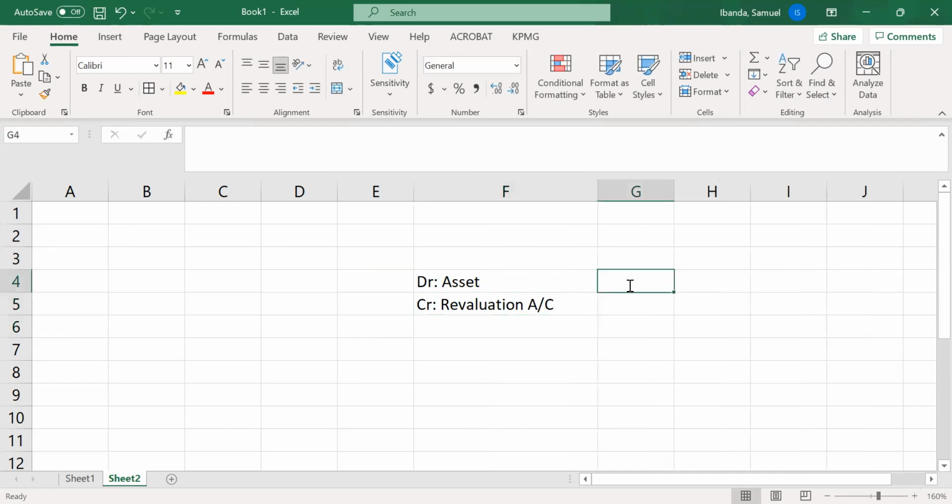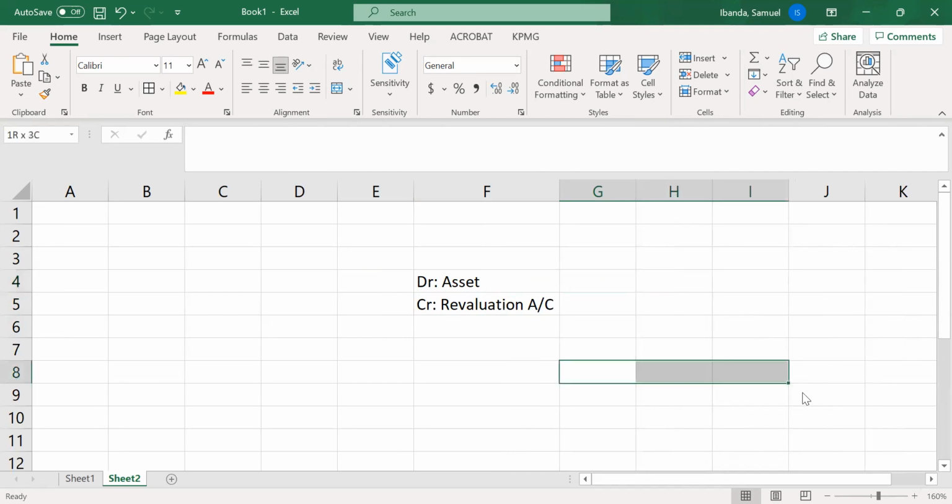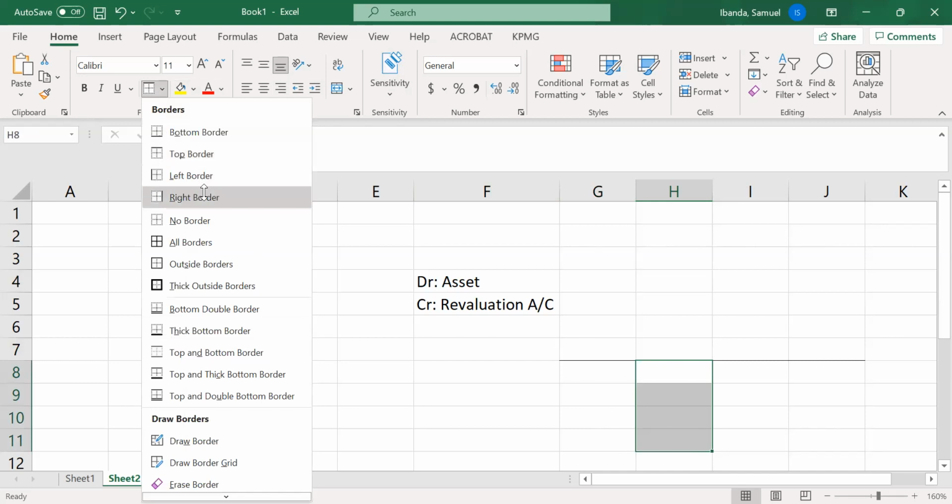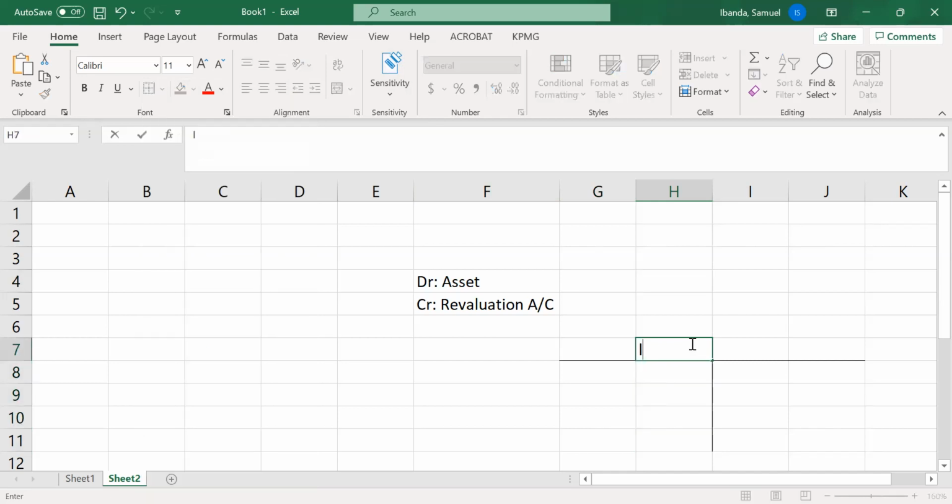So when they ask us to draw accounts for each of the assets, definitely we have to do the T accounts, okay? So for example, let's start with the one of land. So let's say this was the land account. Now, this land account will have the balance brought down.